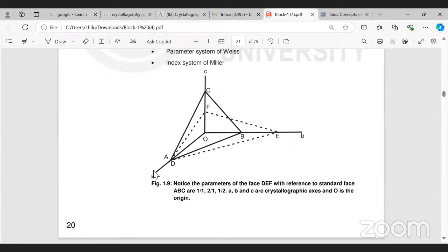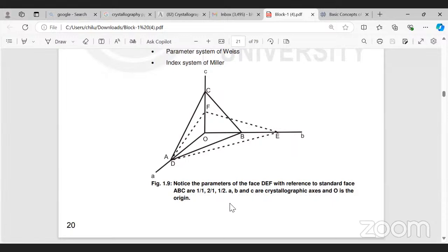The second, B, intersects two lines, this one and this one, so it is 2 by 1. And C intersects only half, so that is the reason it is 1 by 2.